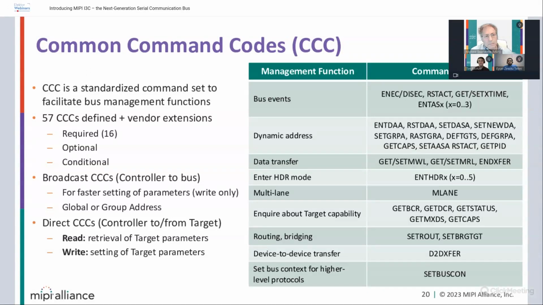There are also the commands that Tim hinted at before to enter the high-speed modes, multi-lane management, retrieve target capability for different functions, and so on. It would take very long to go into detail, but there is really a lot to it. I encourage you to download the I3C Basic specification, where you can actually find out what they do.